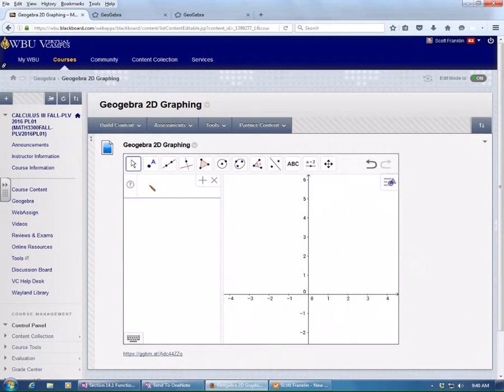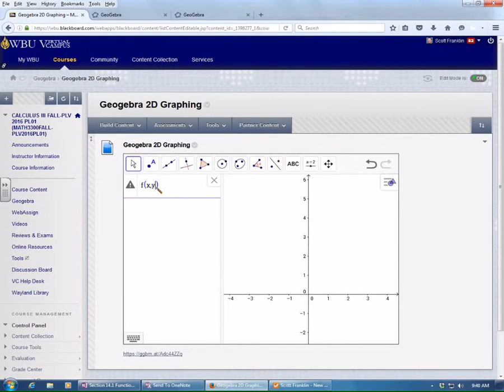Instead of having to type the square root of 9 minus x squared minus y squared every time, if I declare my function, I should be able to just reuse that in my formula. Nope, it didn't like that. I'm going to delete that. Let me try one more thing.